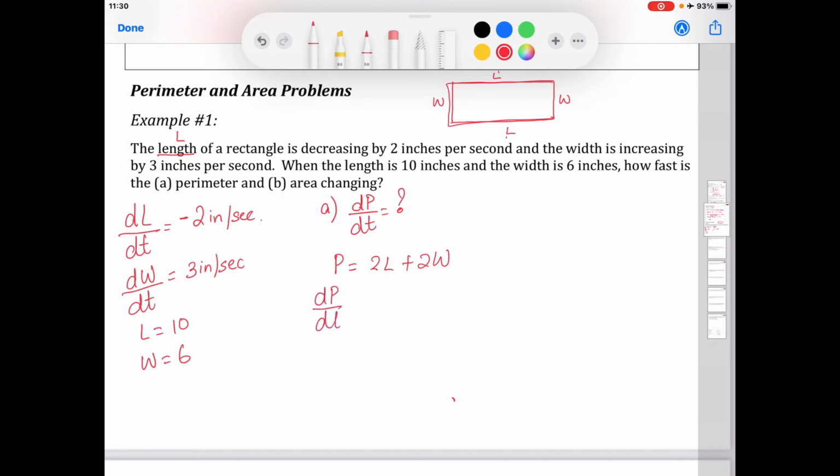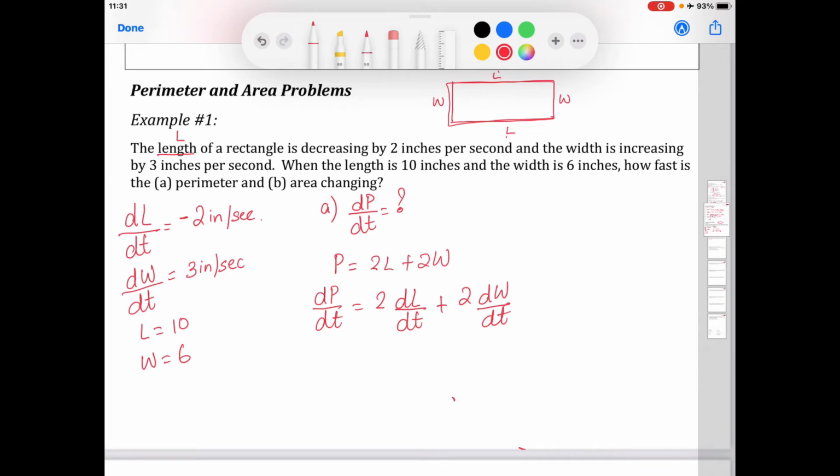So it'll be dP over dt equals, think of L as your x. So what is the derivative of 2x? Just 2, right? But since we are differentiating with respect to time, we're going to write 2 dL over dt plus 2 dW over dt. Okay?